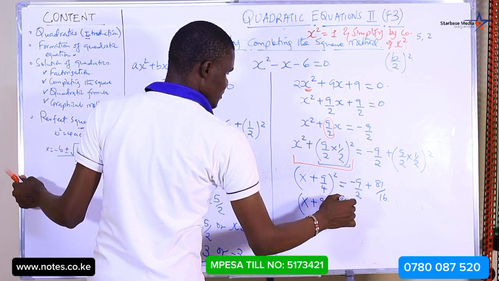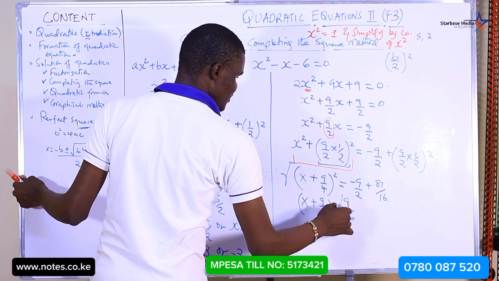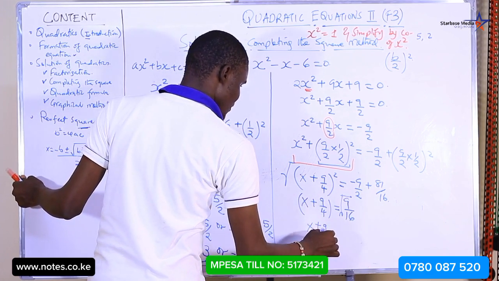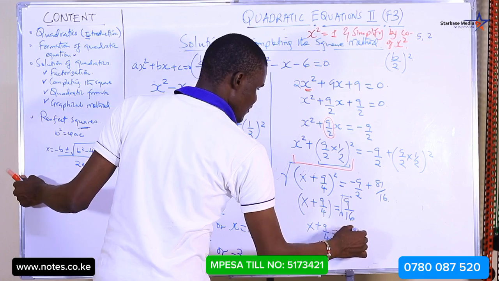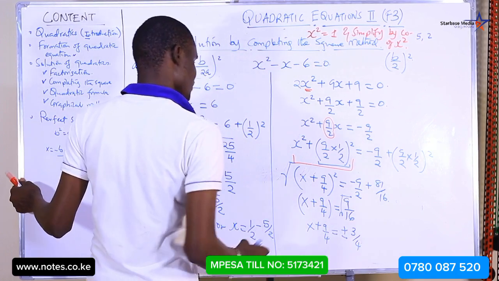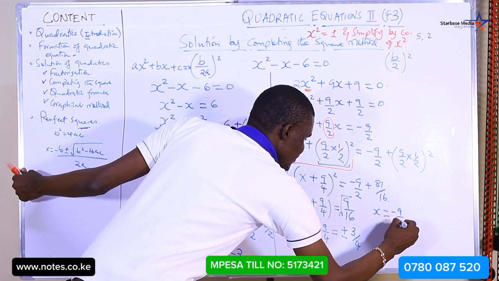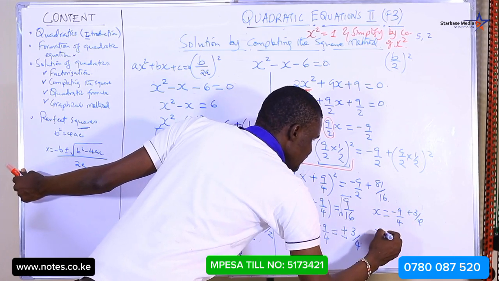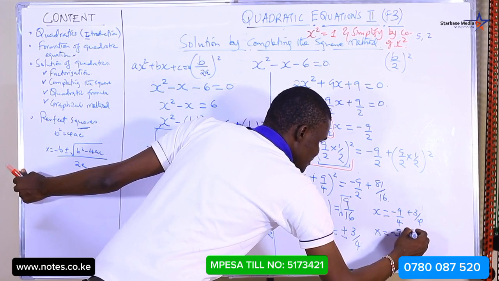So because we were getting square roots on both sides, we also get the square root of this. So x plus 9 over 4 will be equal to plus or minus 3 over 4. So therefore your x can either be negative 9 over 4 plus 3 over 4, or your x can be negative 9 over 4 minus 3 over 4.